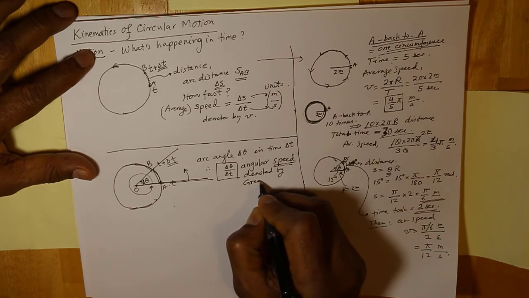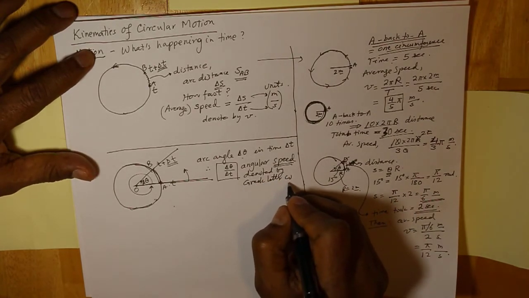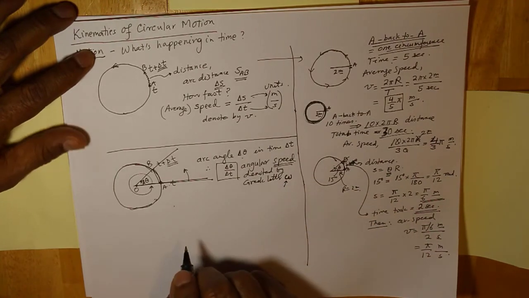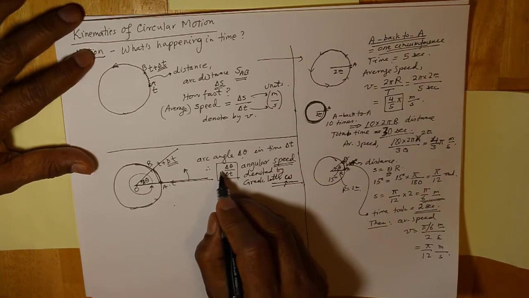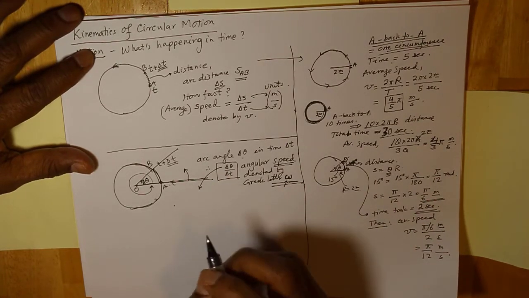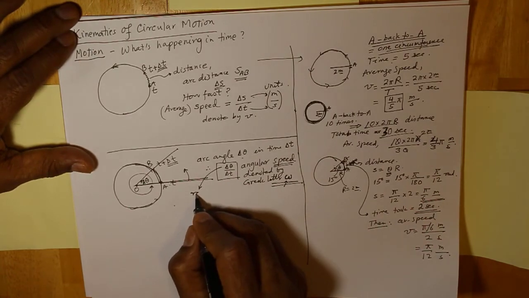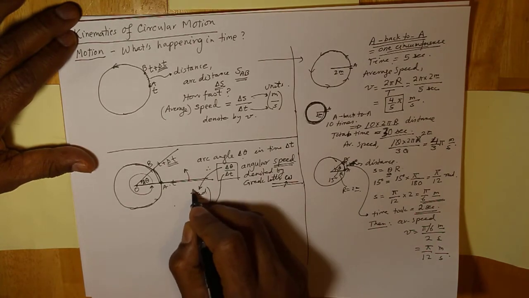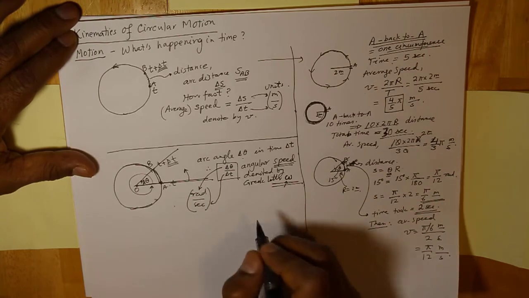It's denoted by the Greek letter omega, which looks like a round w. If you look at the units of angular speed, delta theta is in radians and delta t is in seconds, so the units of omega are radians per second.